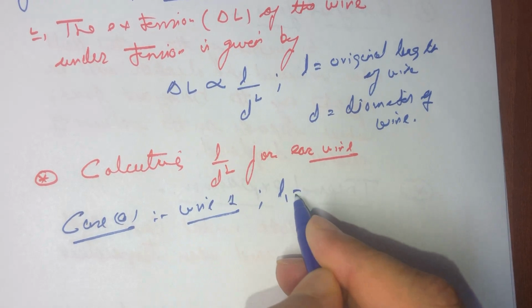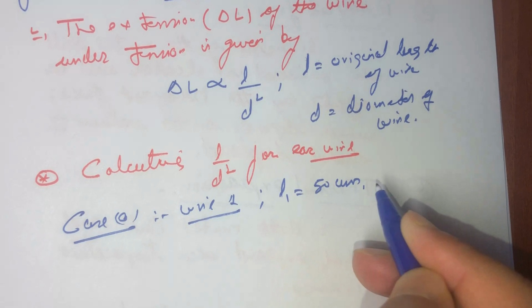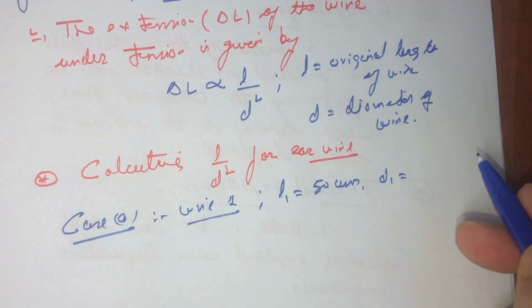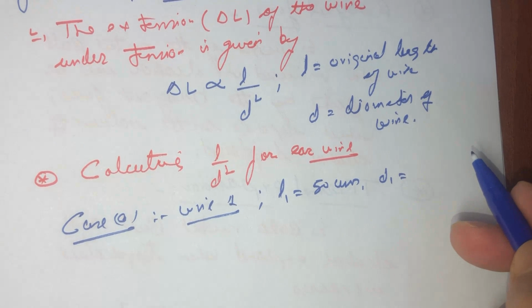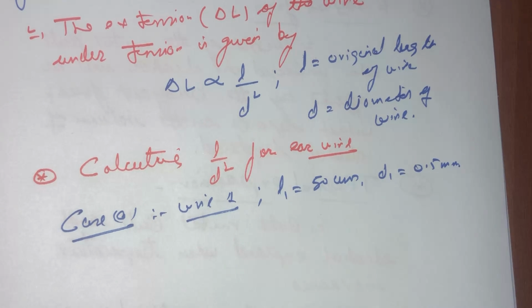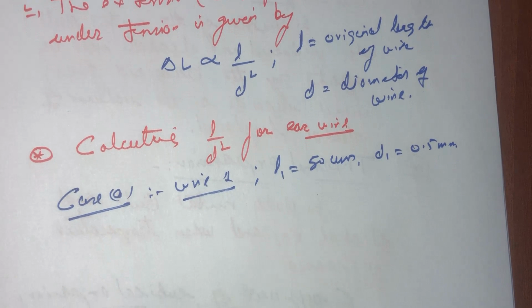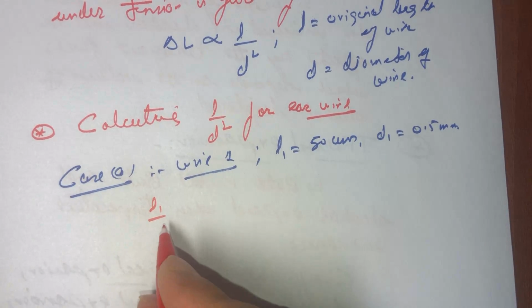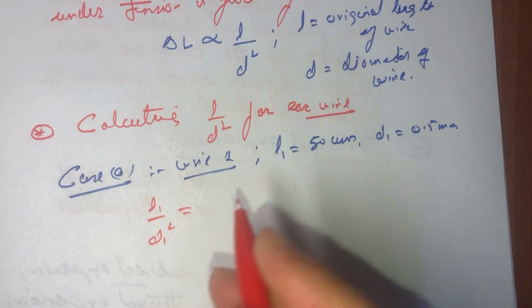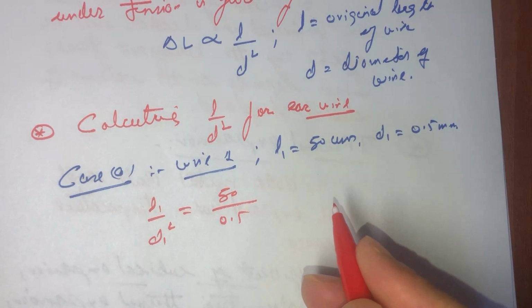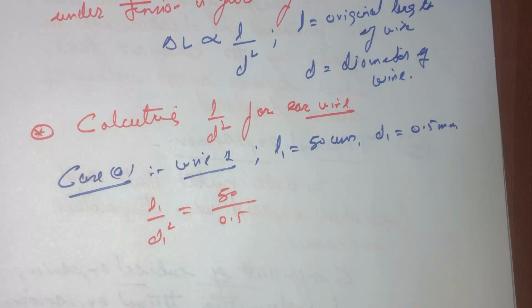So we have case A. Let us call this wire 1, and L1 is 50 centimeter and D1 is 0.5 millimeter. So we find out L1 upon D1 square is equal to 50 upon 0.5, and it is in millimeter, so we have to convert into the centimeter.